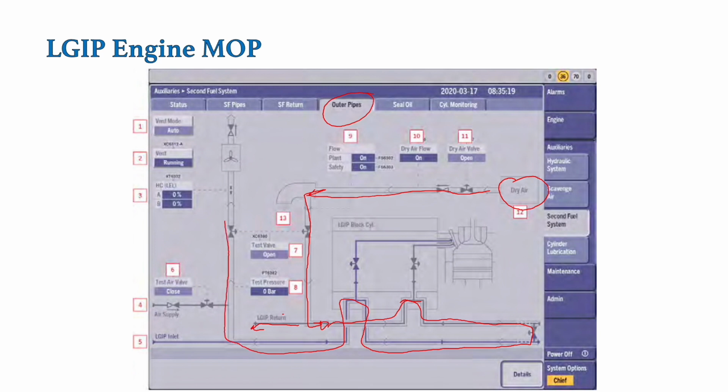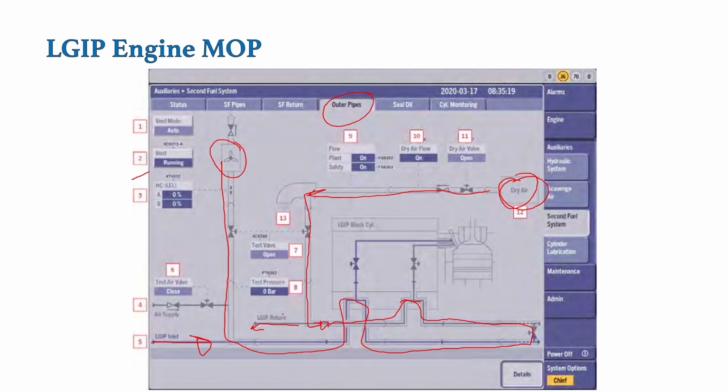And this is the LPG inlet. So in the inner pipe of this double wall piping, the LPG is supplied, and in the outer annular space the dry air is supplied, and the flow of these two are in opposite directions.